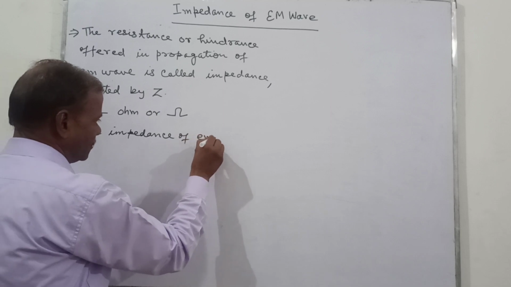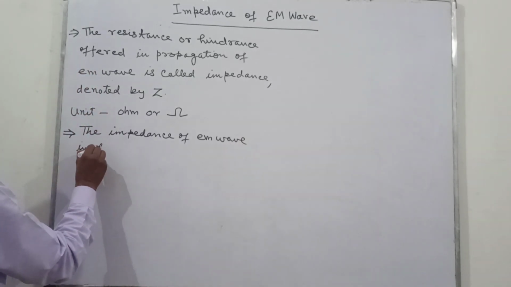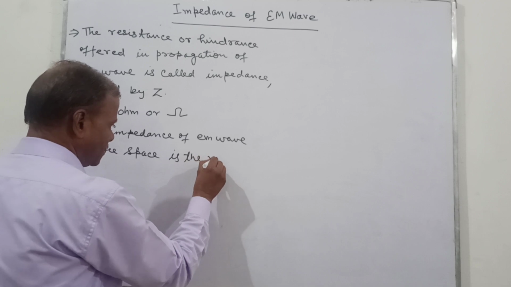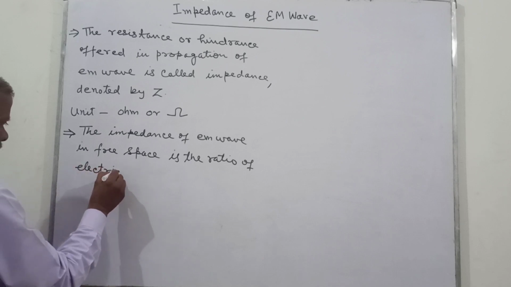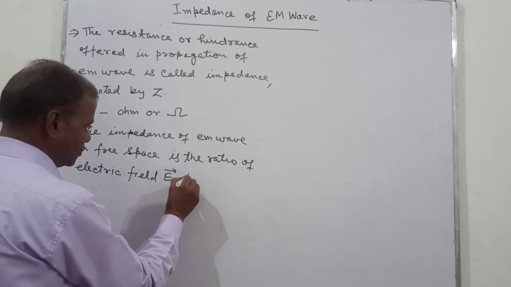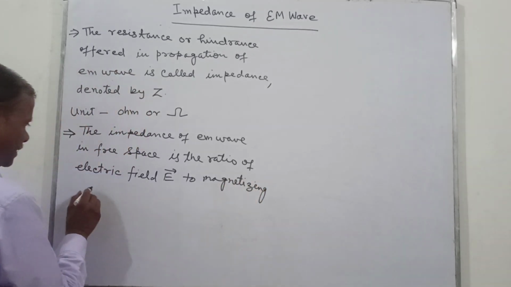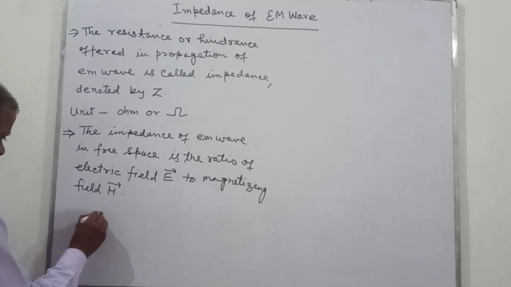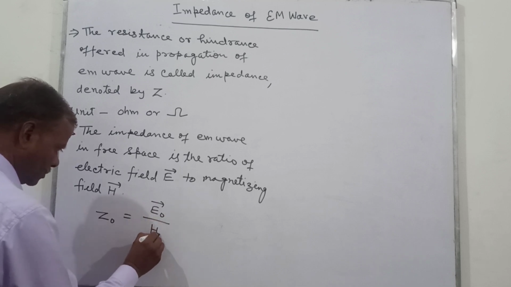The impedance of EM wave in free space is the ratio of electric field E to magnetizing field H. So now we have Z naught equal to E naught upon H naught.